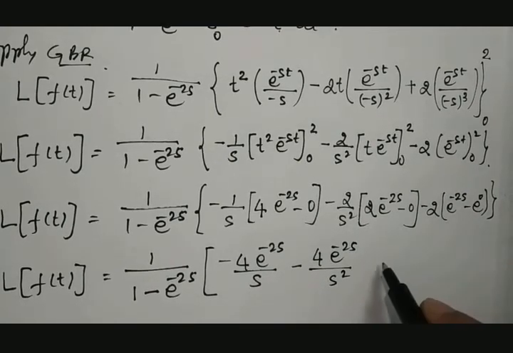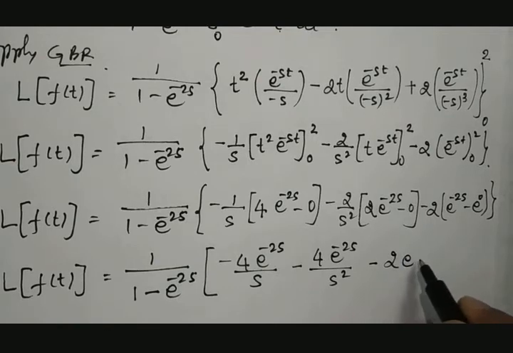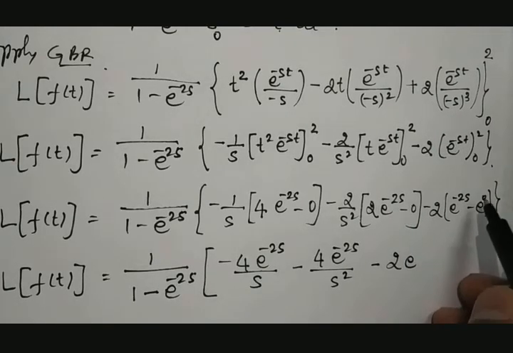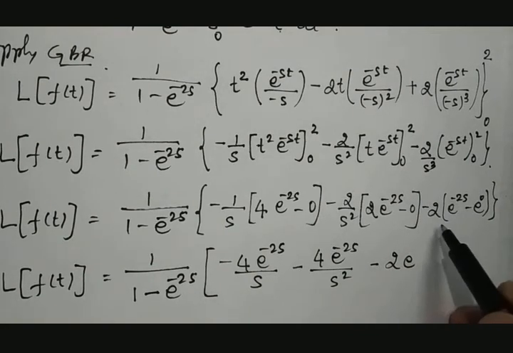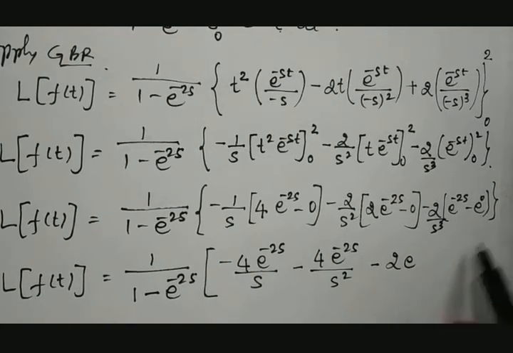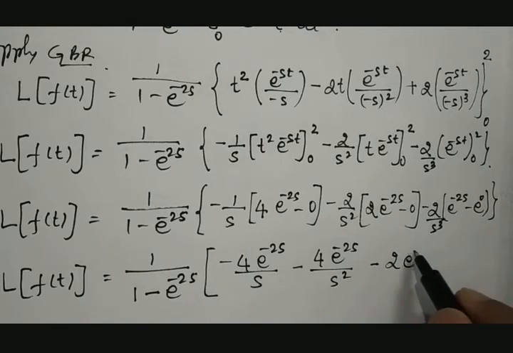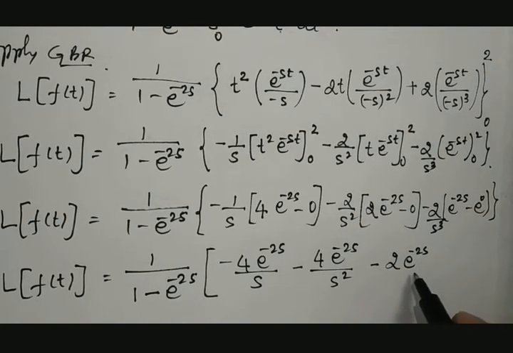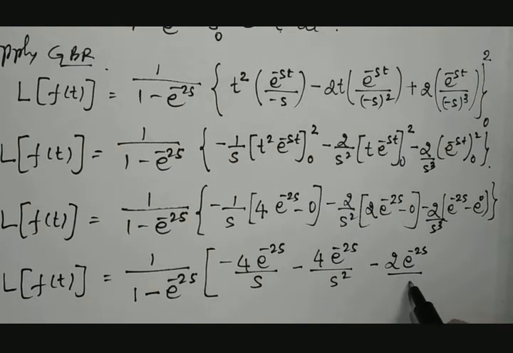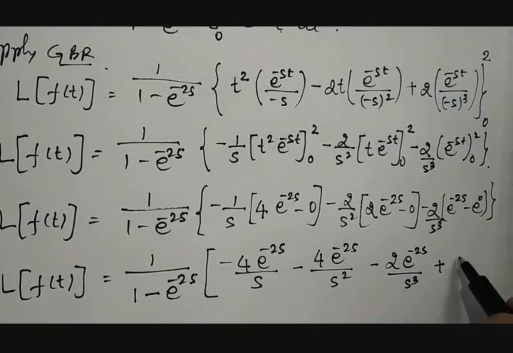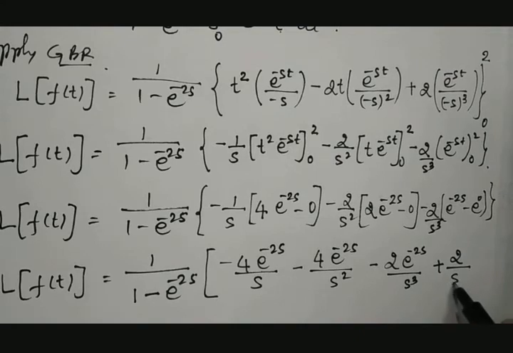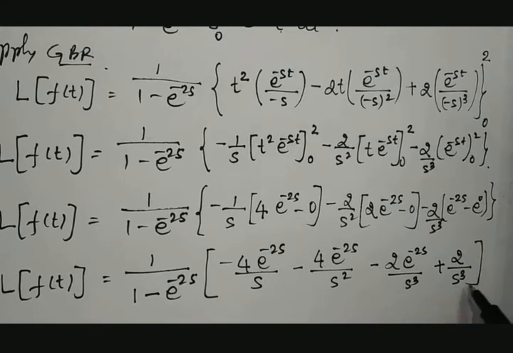Then it is minus 2 times e raised to minus 2s divided by s cube. Then minus of minus plus, so 1 into 2 divided by s cube.